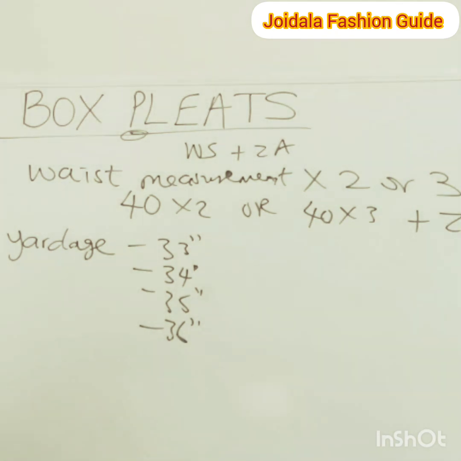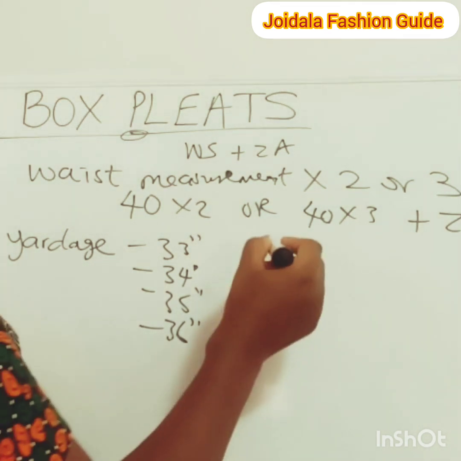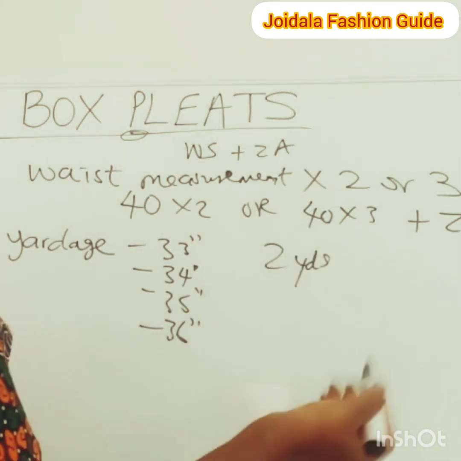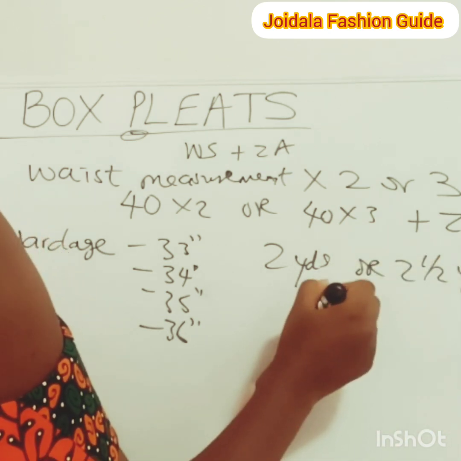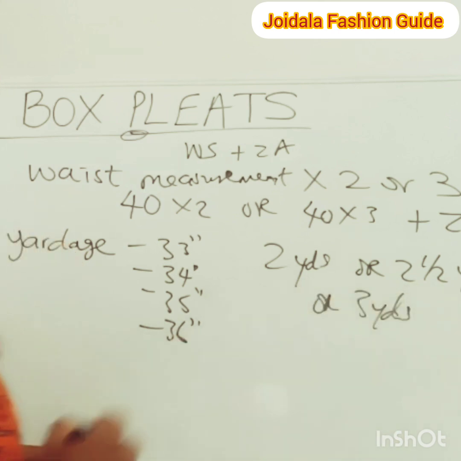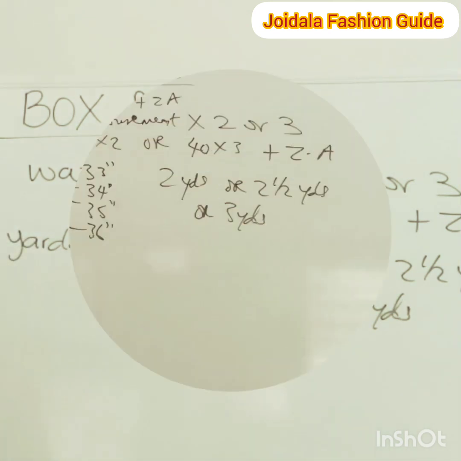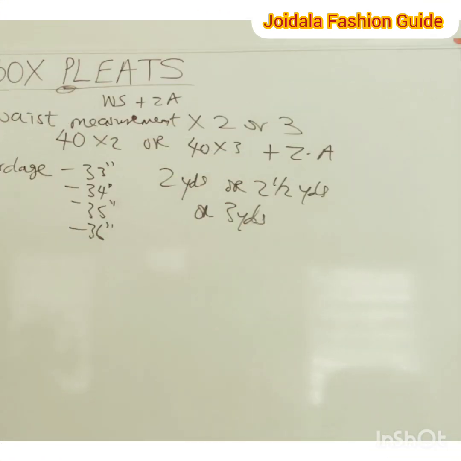So when you are going to make a box pleat, you now determine whether to use 2 yards of fabric, or 2.5 yards, or 3 yards of fabric, depending on how full you want your skirt to be. So you can use the waist circumference, or you use the yardage.